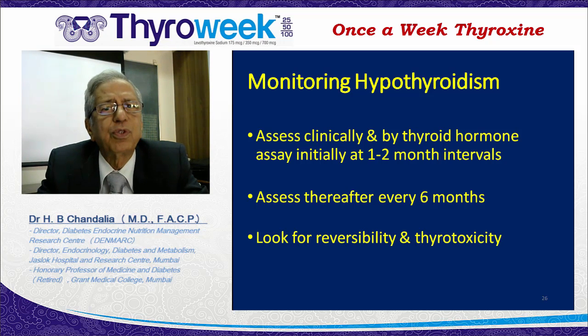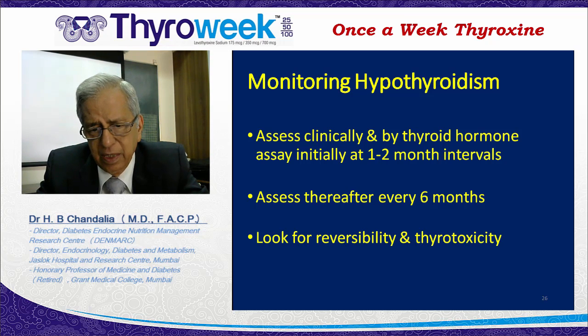Now, how often should you monitor hypothyroidism? Remember that when you keep on changing doses, a new dose will only reach equilibrium after a period of about 4 weeks. Therefore, the earliest you can evaluate the efficacy of your dose escalation is about a month's interval.